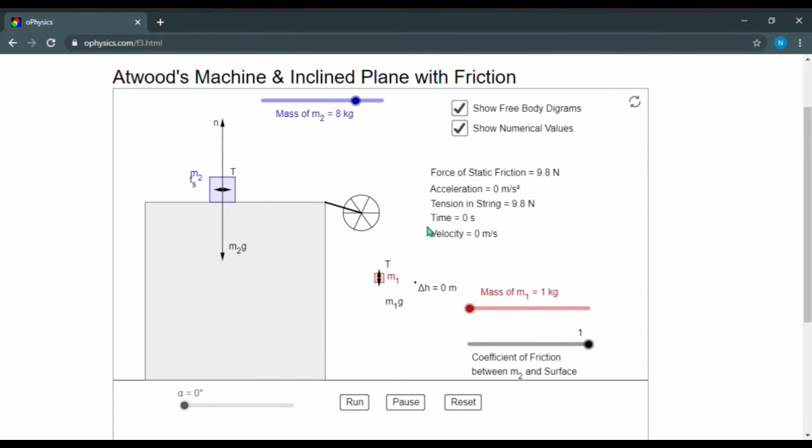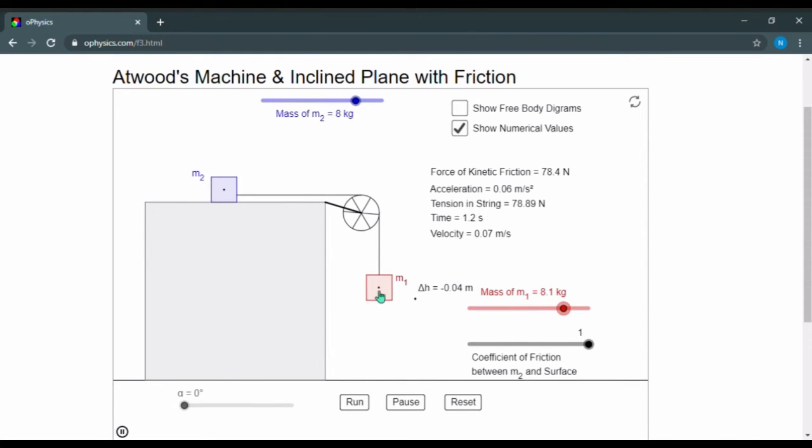And then we run the simulation and slowly increase the value of mass M1 until the load starts to move. For this example, the load starts to move when mass of M1 is 8.1 kg.